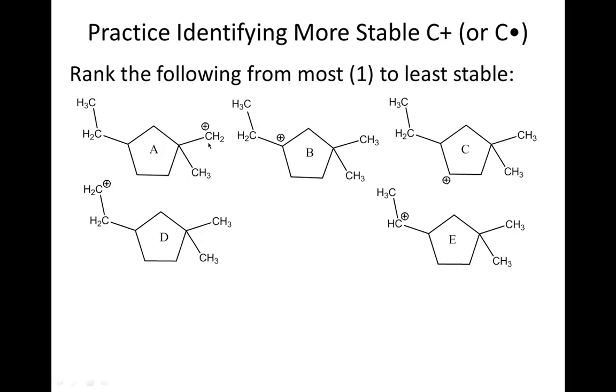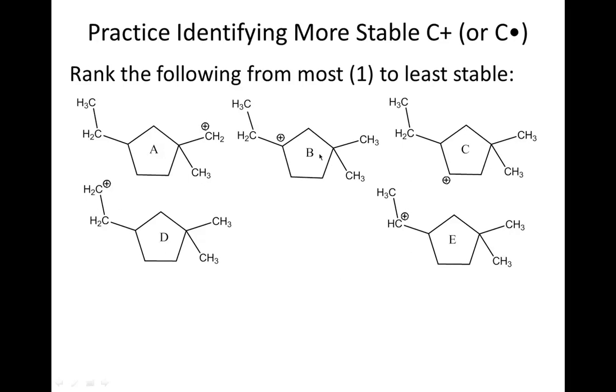So this carbon is directly attached to 1 carbon, so that's primary. And this one is attached to 1, 2, 3 carbons, so that one must be tertiary. And this one is attached to 2 carbons, so it must be secondary. This one is also secondary, and this one over here is primary.